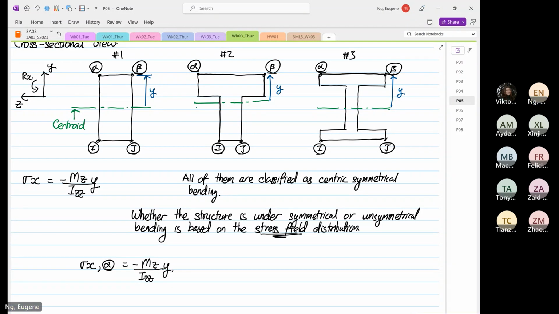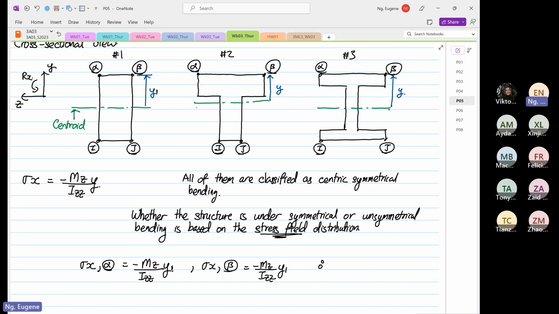Y. Okay, so I'm going to call this y1. And if you look at stress X at point B, or point beta, it is also equal to minus Mz over Izz multiplied by what? Y1. Right?